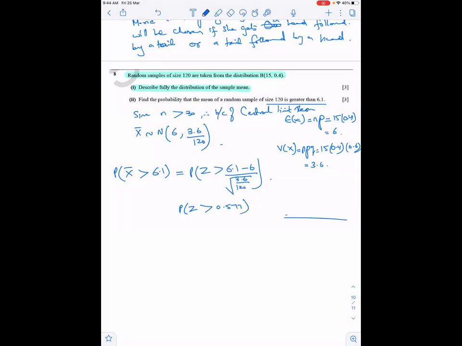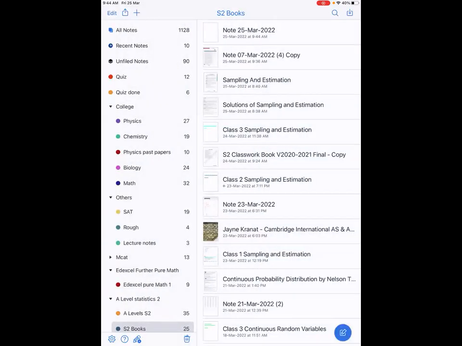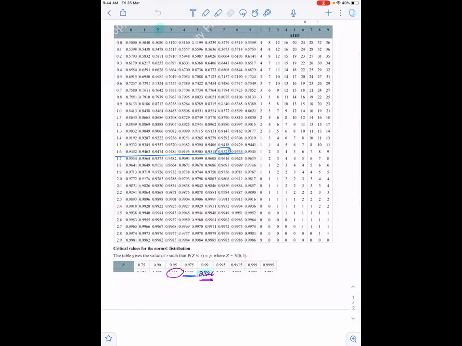You want the probability of z greater than the positive number 0.577. You want this part, so it's going to be 1 minus phi of 0.577, which we can read from the table. 0.57 is this number, and underneath 7 on the same line is 24.